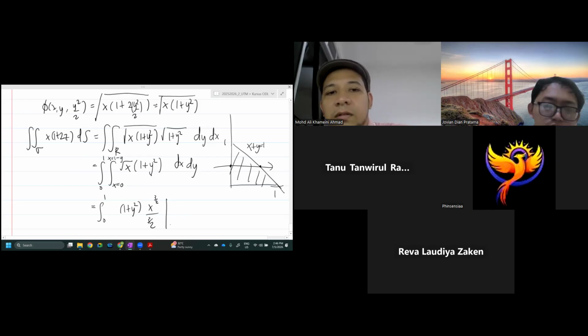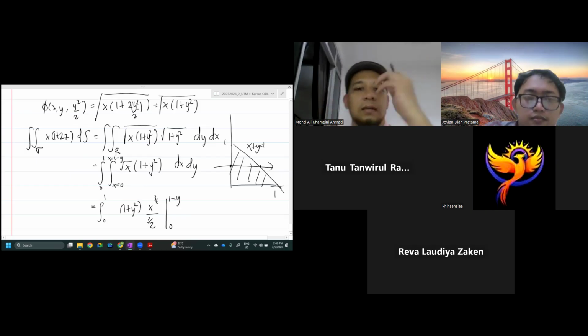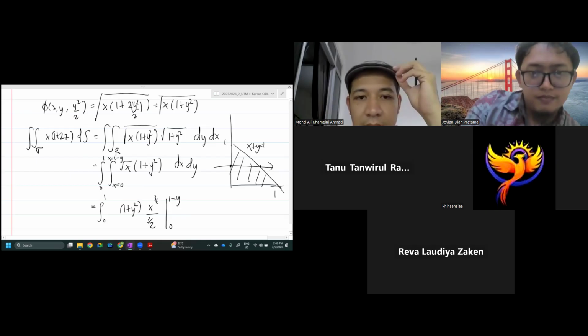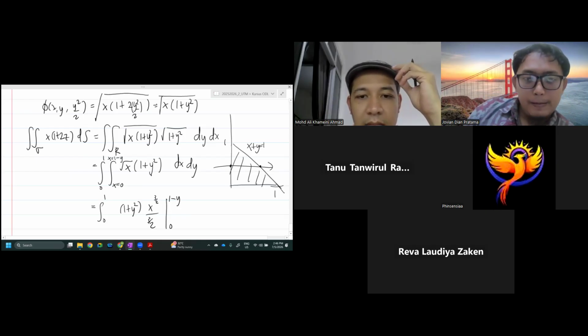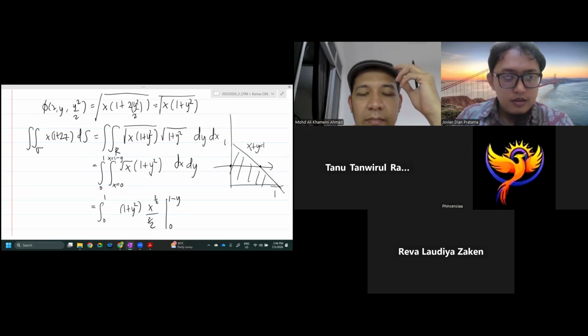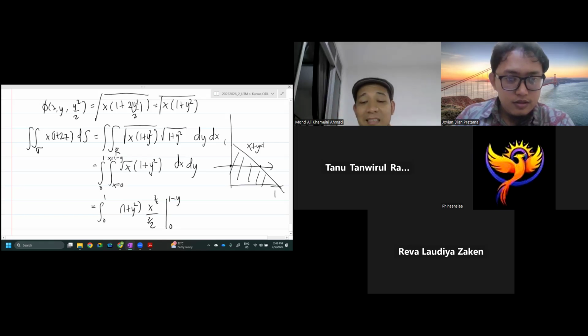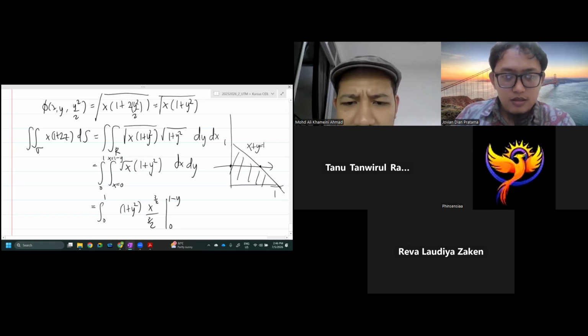Limit from 0 to 1 minus 1. But this one is not easy to integrate.